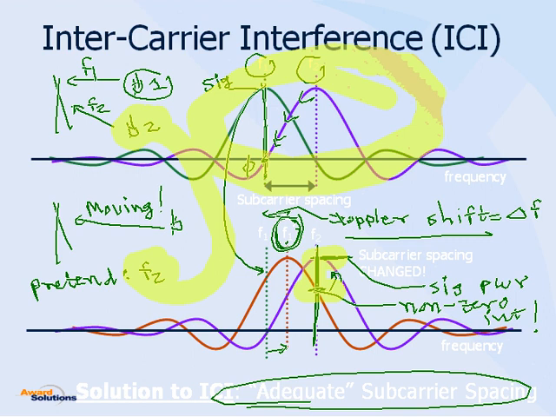So it's a little more difficult to fully compensate for Doppler. And again, this is a problem in the uplink. In the downlink, yes, we can adjust because for a given UE, everything will move to the left or to the right of the correct subcarrier position. So then we can do compensation in the downlink. That should be relatively easy, but in the uplink is relatively difficult. But very good question, very good question.